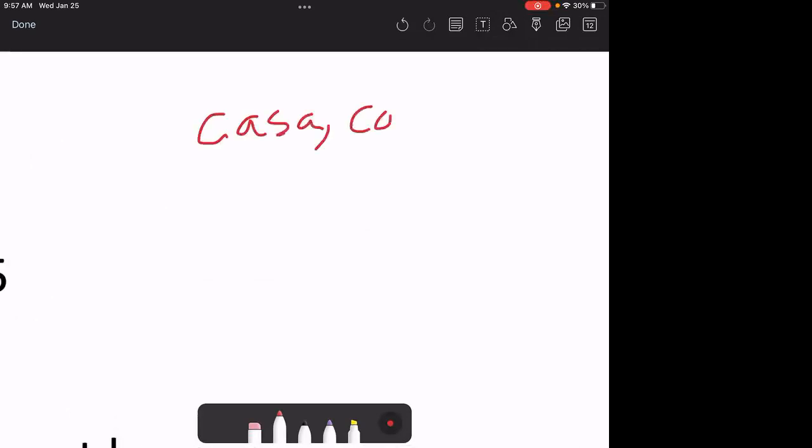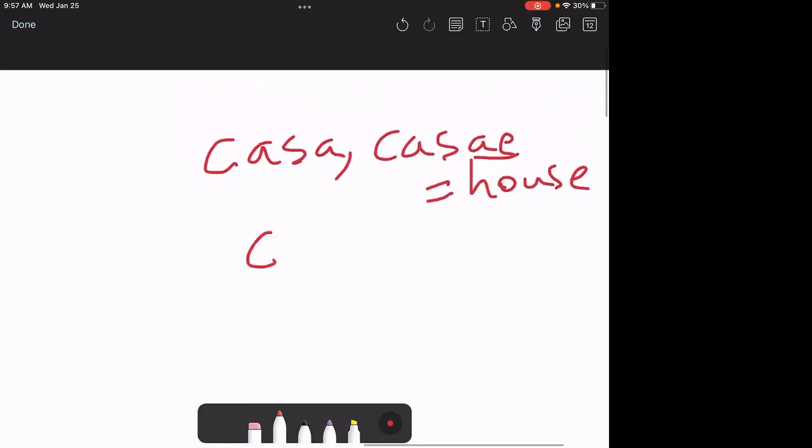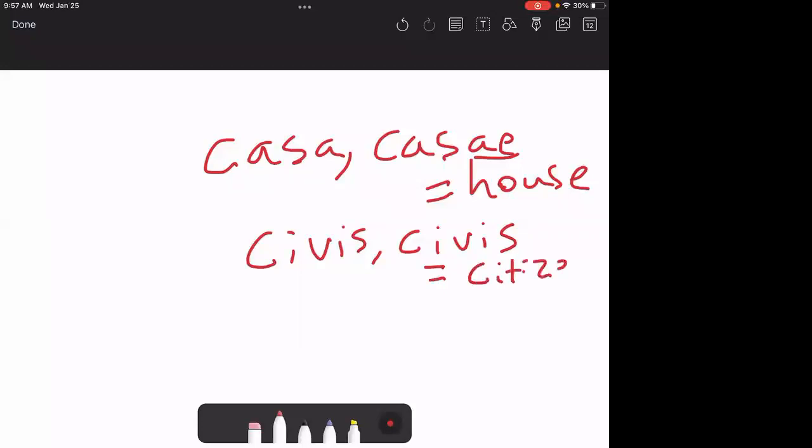Casa, casa means house. So it's first declension feminine. Then civis, civis. Whoops, sorry. Means citizen. That is a third declension noun.